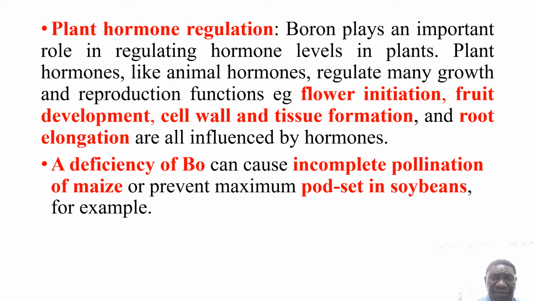For example, flower initiation, fruit development, cell wall and tissue formation, and root elongation are all influenced by hormones. A deficiency of boron can cause incomplete pollination of maize or prevent maximum pod set in soybeans, for example.